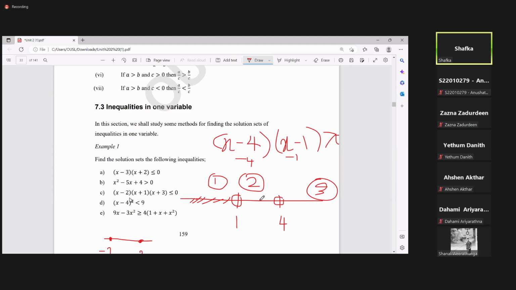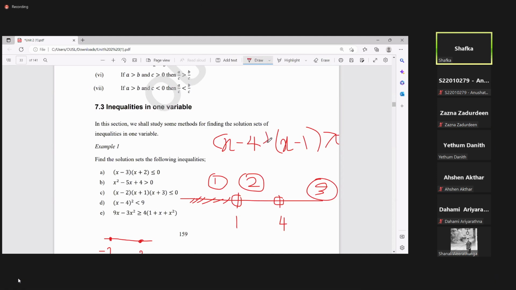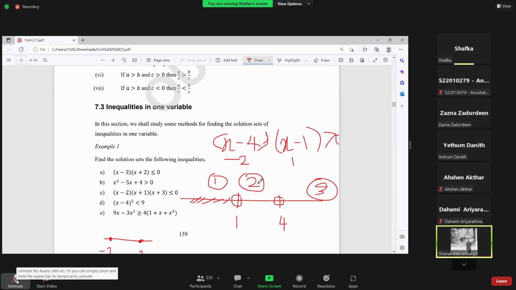Then the second region? Take 2. When you take 2, -2 for this one, 1. Altogether -2. Does that satisfy the inequality?